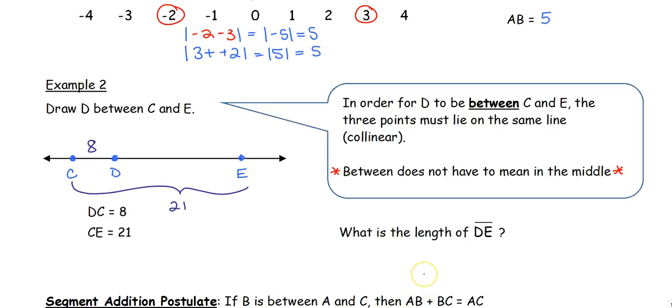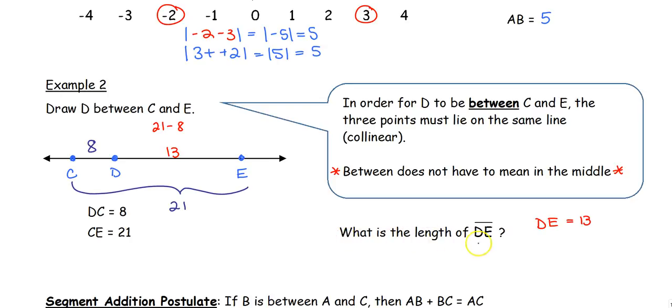Go ahead and pause and see if you can find out what DE is going to be. So if you think about it, if the whole segment from here to here is 21 and this part is 8, to find our missing segment, I do 21 minus 8, and you should have found that DE was equal to 13.